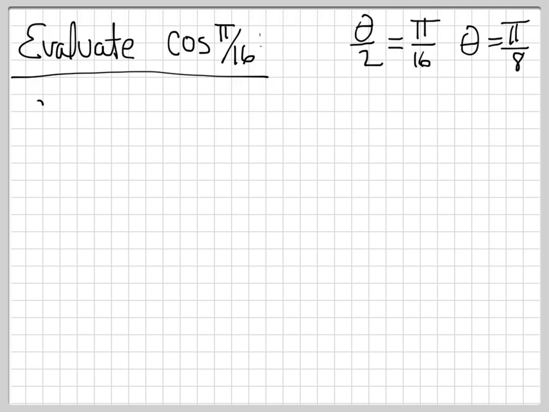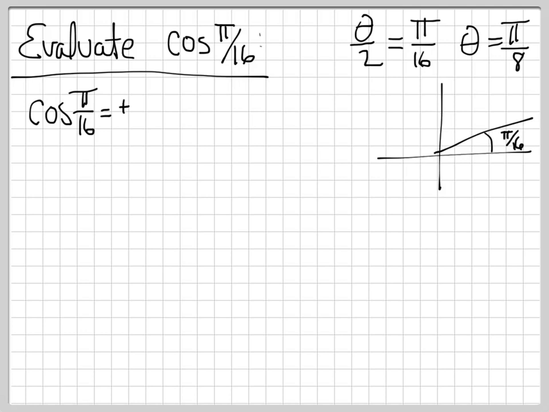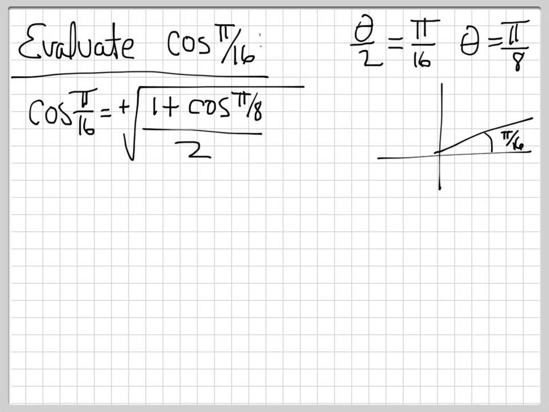And so cosine of pi over 16 is, now remember, pi over 16 is here in quadrant 1, right? Pi over 16 is very tiny, so it's very close to 0, so it's still here in quadrant 1, so we're going to have the positive square root of 1 plus cosine of pi over 8 over 2.